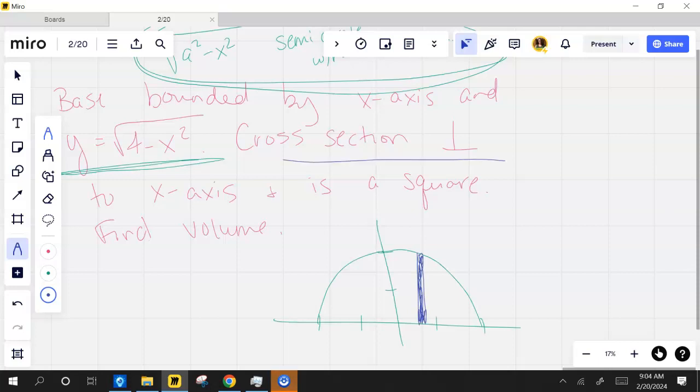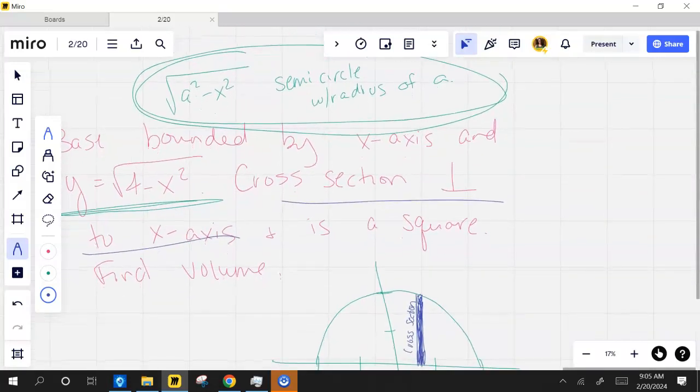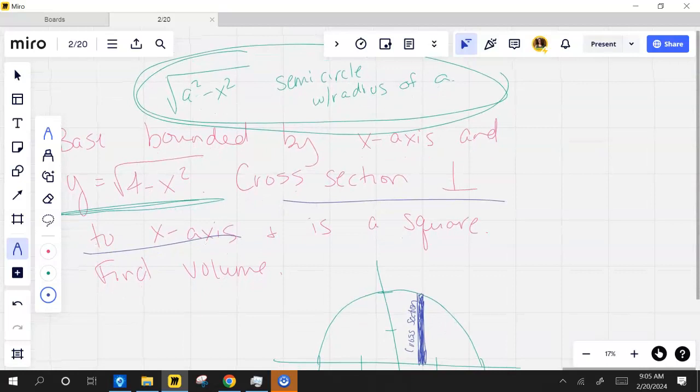It could be anywhere, it could be any cross section. She's talking about the width of the cross section. The slice of bread, just right out of the middle. That's a cross section of the loaf of bread.